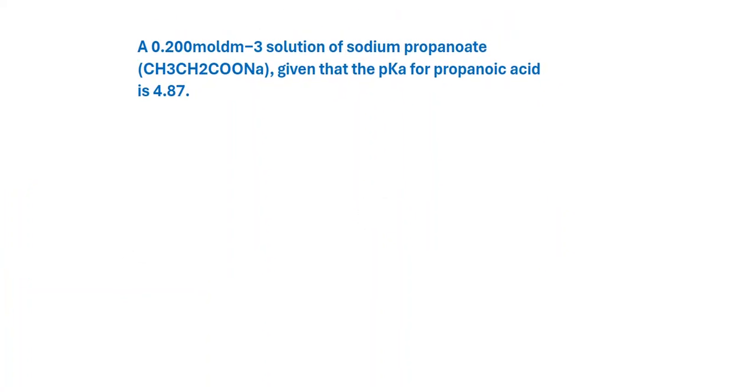This is pretty much the same as the other one, but I'll do it again in case you didn't get it. So first thing, we just write down the dissociation equation. So this will be this plus Na plus.